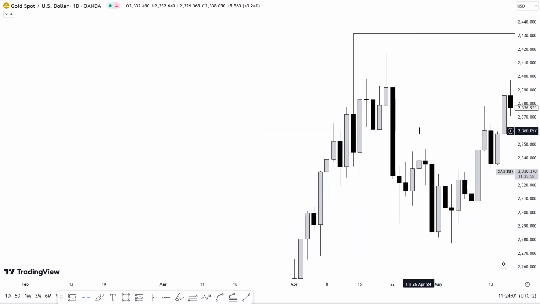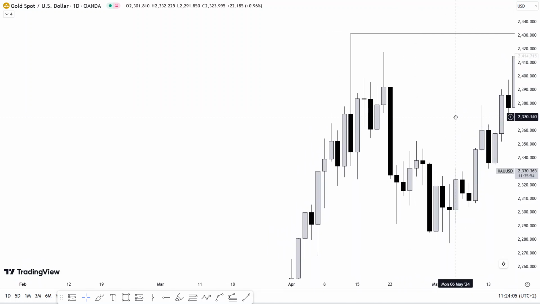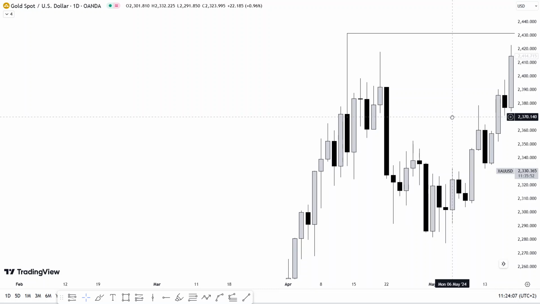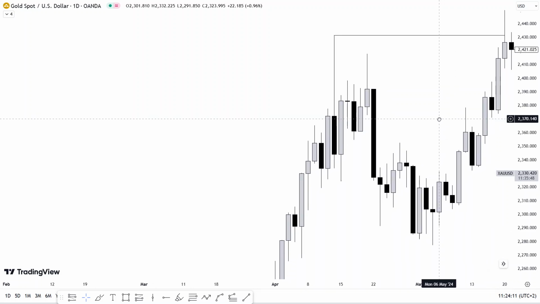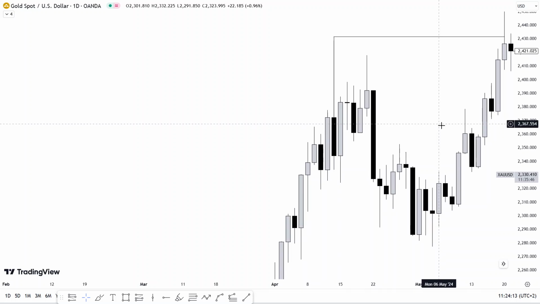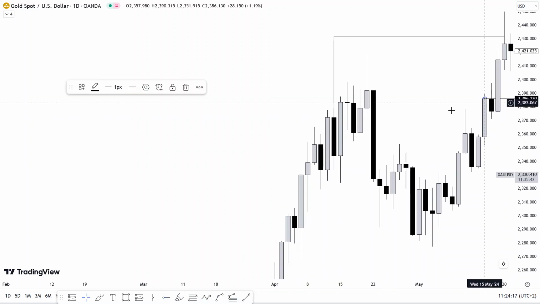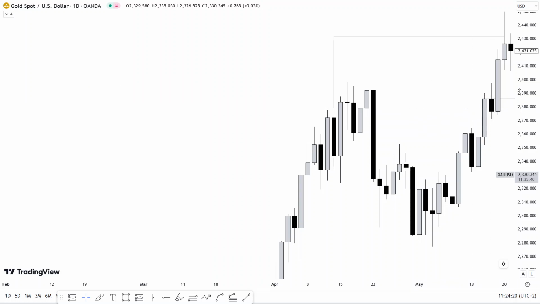So when we created this area, initially it was an area of resistance. Then we broke above that resistance, and it becomes an area of support. If it becomes an area of support, we would anticipate that price would find bullishness after trading towards this level.